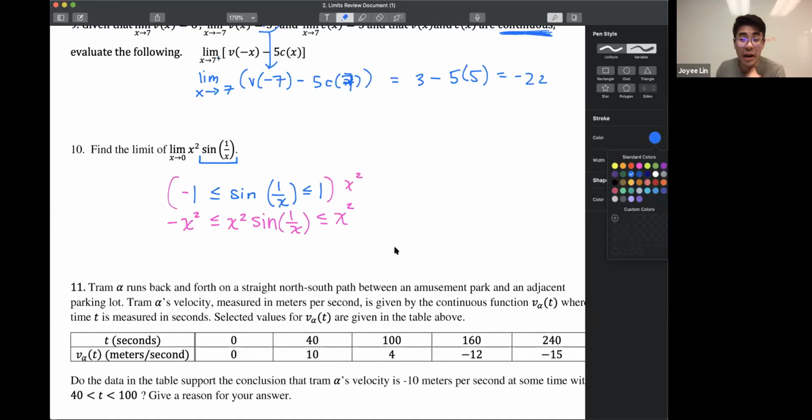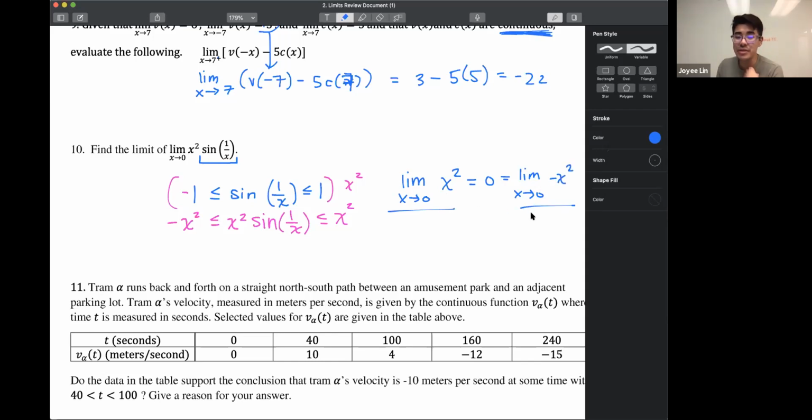And then I can evaluate the limit of the other two. The limit as x approaches 0 of x squared is equal to 0, and it's also equal to the limit as x approaches 0 of negative x squared. So if the two endpoints of the inequality have a limit of 0, then the limit of this thing is also equal to 0.